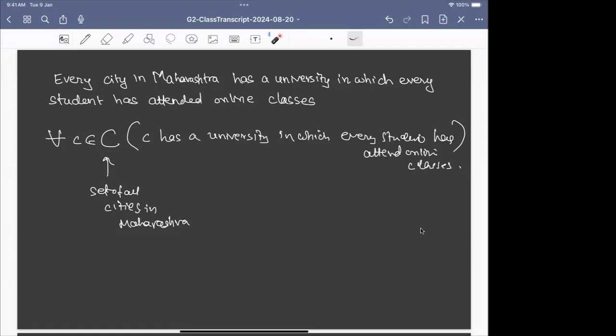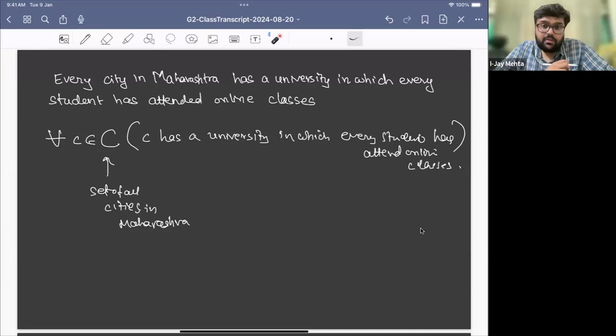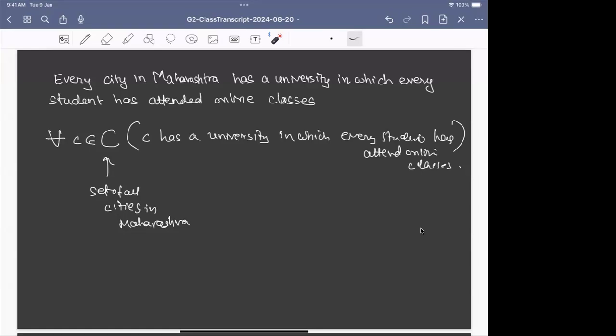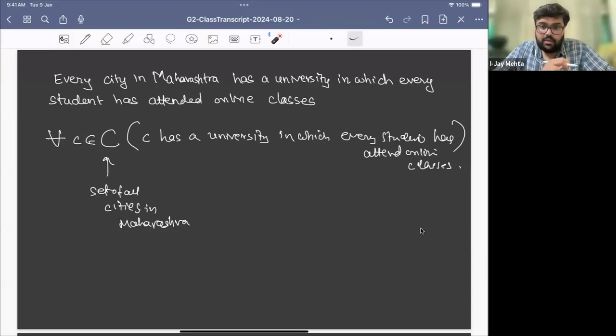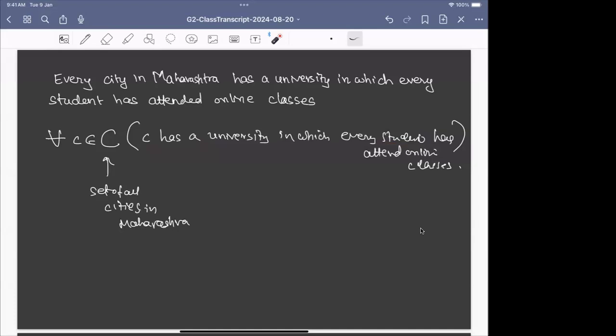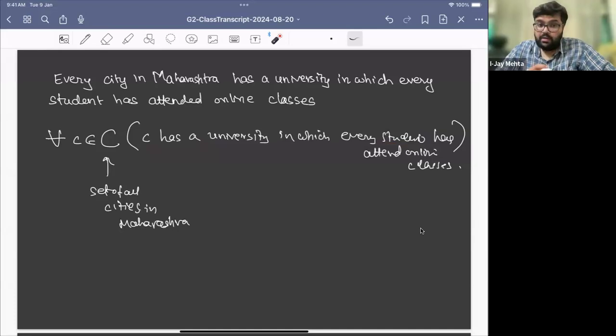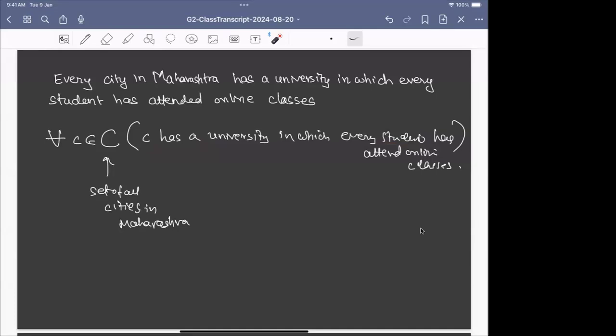Priyanshi? Sir, I wanted to make some change in the answer. Like in the previous statement as well, I want to create one more set of students. Set of students where? In the second part, we have written C has a university in which every student has attended online class. So now this is a statement, right? Yes. Now in this statement, what are we talking about? We are talking about students. That student has attended online classes.